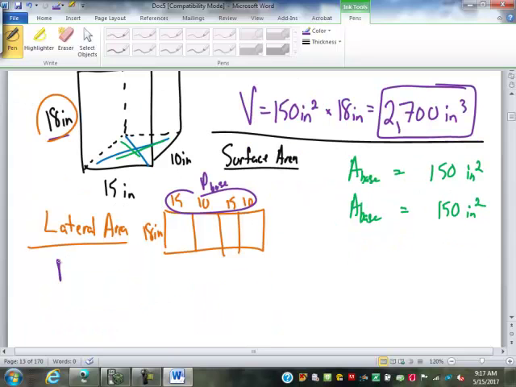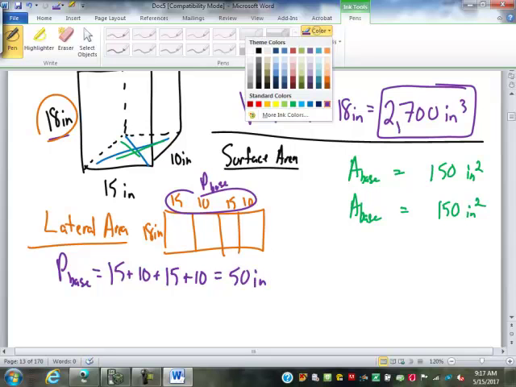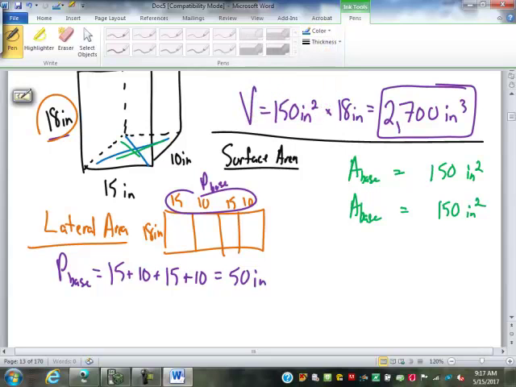So that's the first thing we need to find, the perimeter of the base. 15 plus 10 plus 15 plus 10 is 50 inches? So that makes the lateral area the perimeter of that base, 50 inches, times the height of 18 inches, which is 900 inches squared.